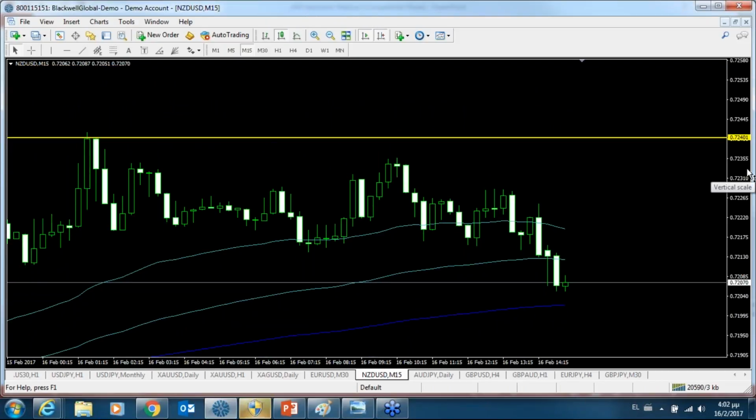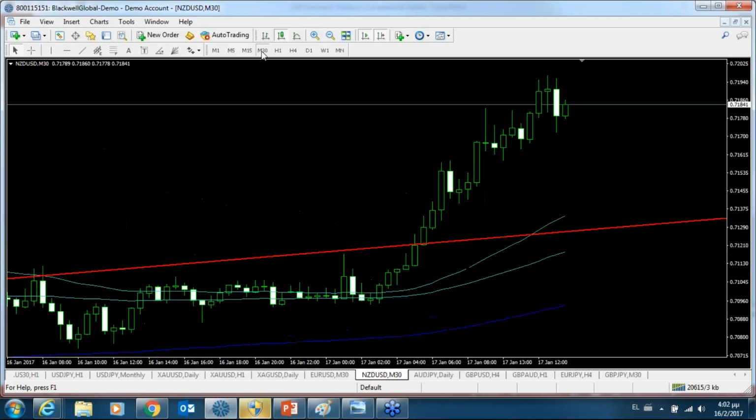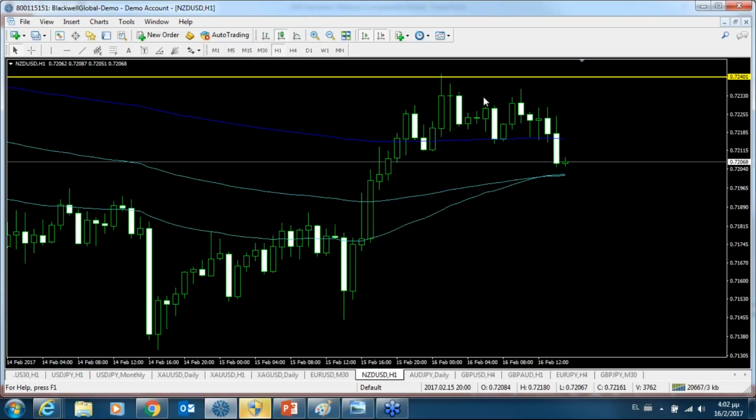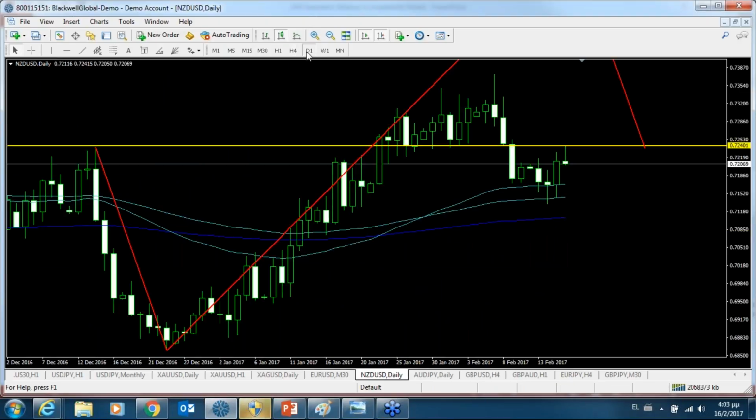Here it's not giving me a clear signal on the 15 minutes chart. Prices are in between all 3 lines. There is no point looking for patterns when prices are in between the 3 lines. So we go on to bigger time frames, still the same, in between the 3 lines, not clear. 4-hour chart, not clear as well. Daily chart, a little clearer with prices above 3 lines finding support.